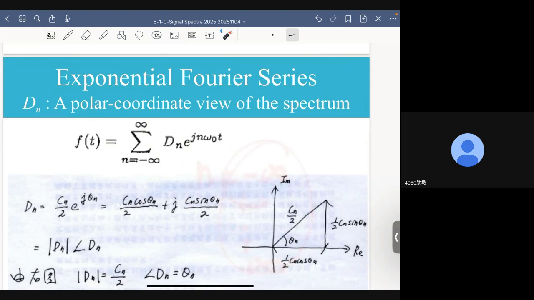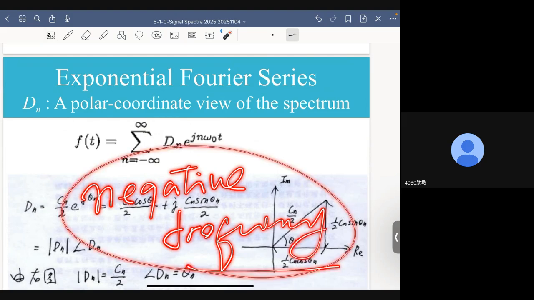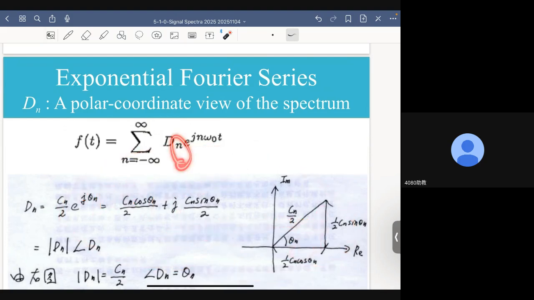So at first glance, you would ask, does that imply there is such a thing as negative frequency? Because the value n, according to this representation, can be negative.